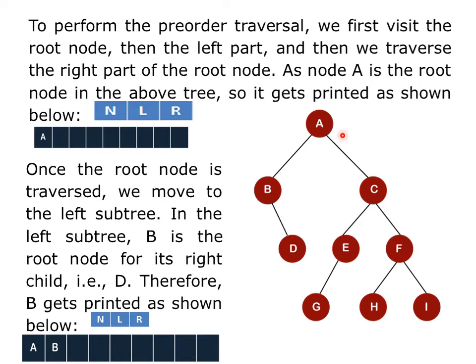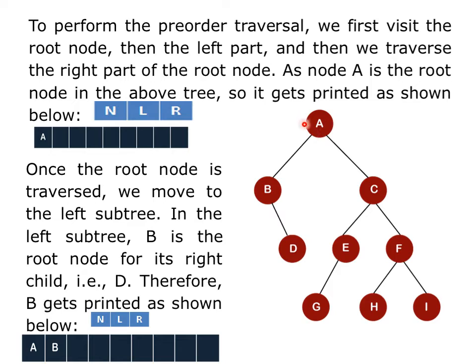Now you can observe here, A is the root node. First this should be printed. To perform the pre-order traversal, we first visit the root node, that is A, then the left part, and then we traverse the right part of the root node.